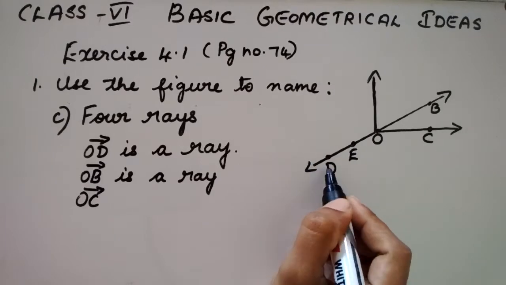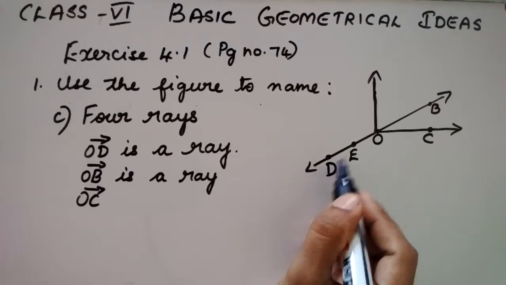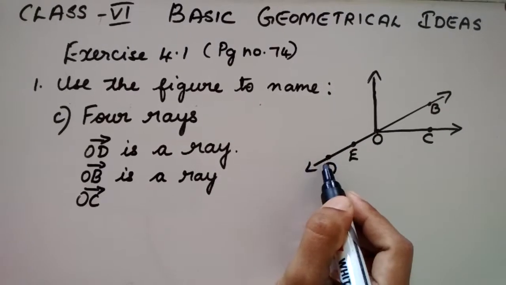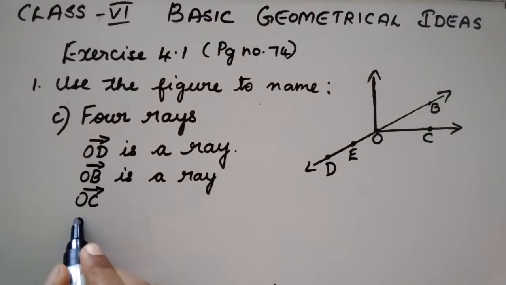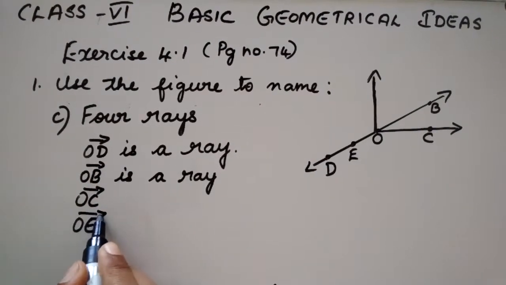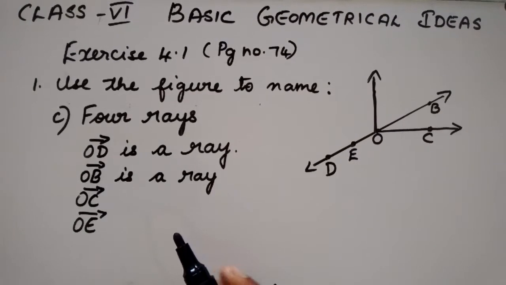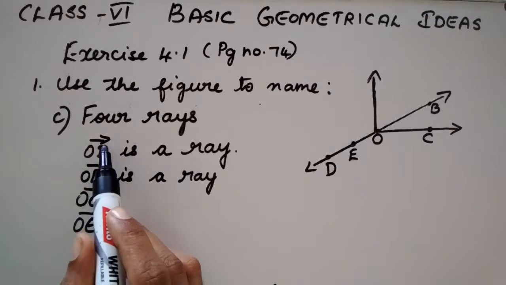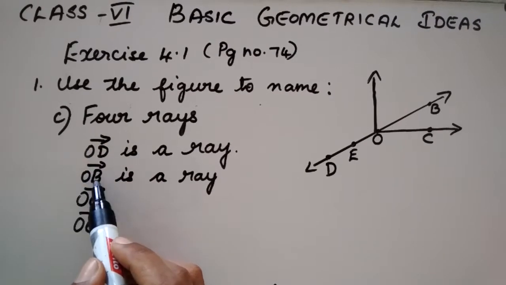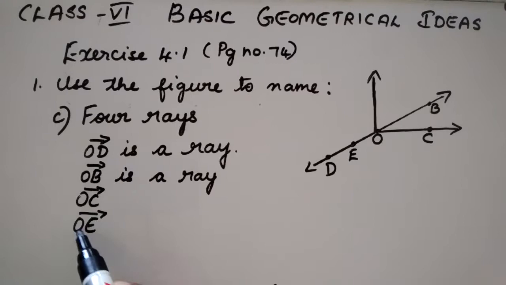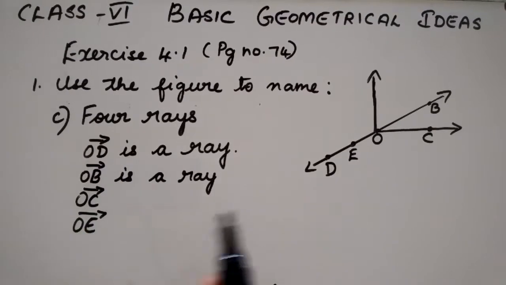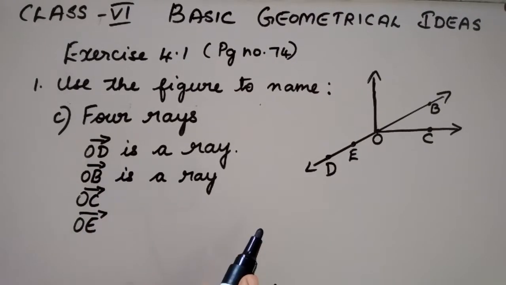But here it extends. If I consider E as extending, then I can write OE is a ray. So we have OD, OB, OC and OE as rays.